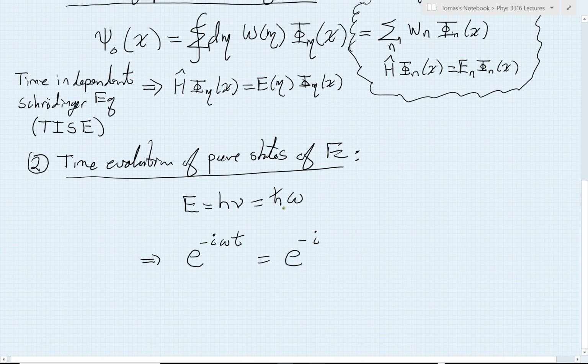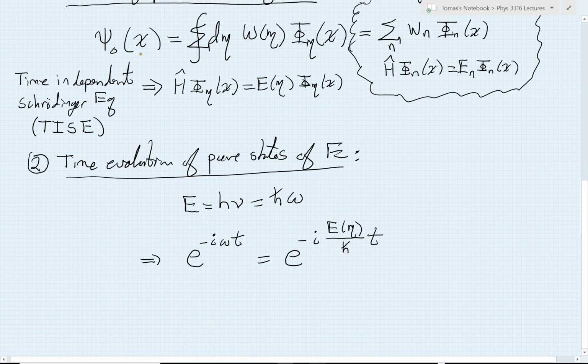The frequency of my pure state is its pure state energy divided by h bar. So for a general state eta, we'll have some formula that will tell us the energy of the eta-th pure state of energy. We have to divide by h bar in order to get our frequency omega, and then time t, like so.